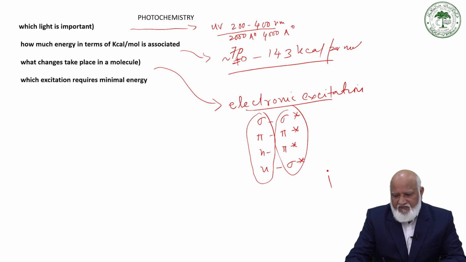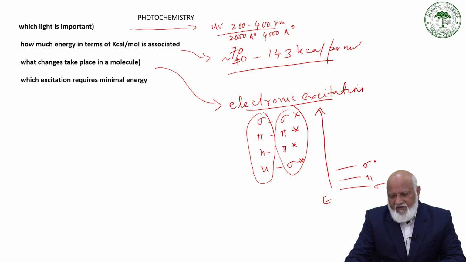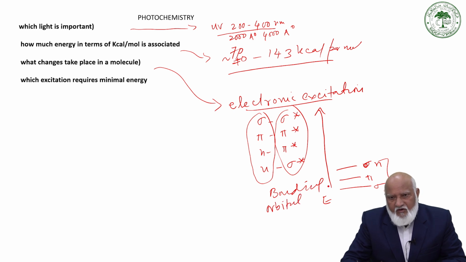In terms of energy, these are bonding orbitals: this is sigma, this is pi, and this is non-bonding, and they are electron occupied.